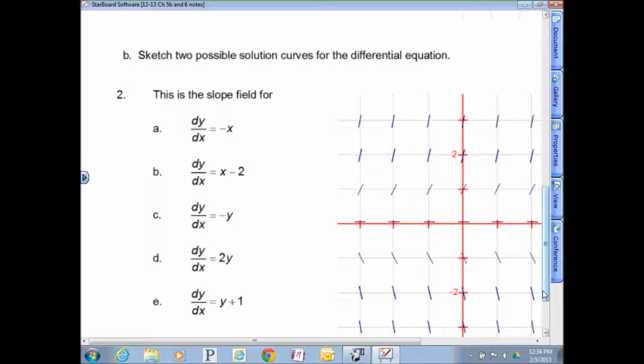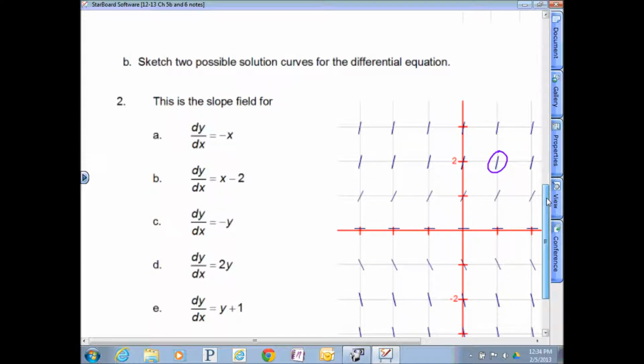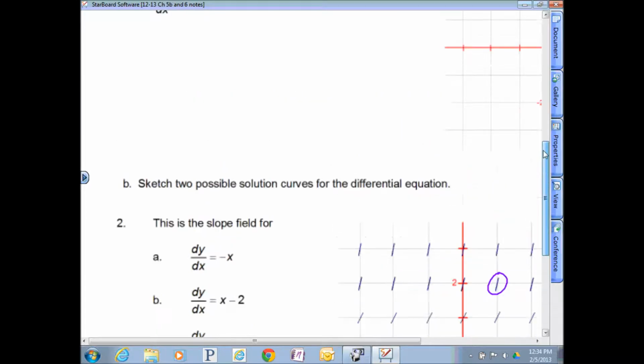If I take dy/dx and plug in the value at x equals 1 and y equals 2, that is a mini picture of what the slope of the tangent line would be to this function at that point. So a slope field's purpose is to give us this quick little visual of what the slope of the tangent line looks like at many different values.